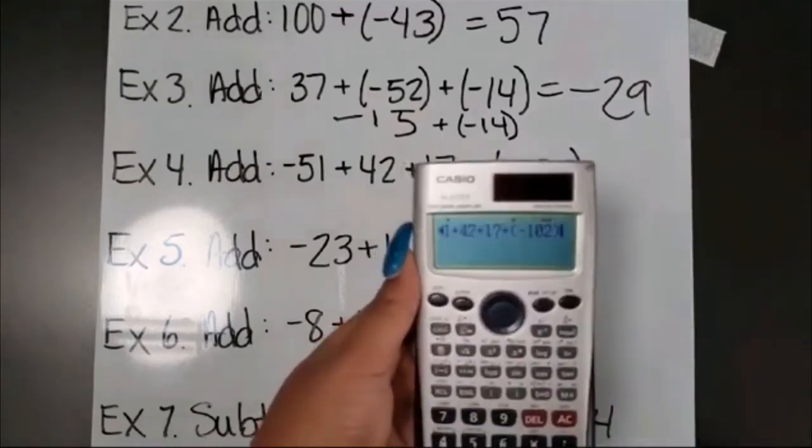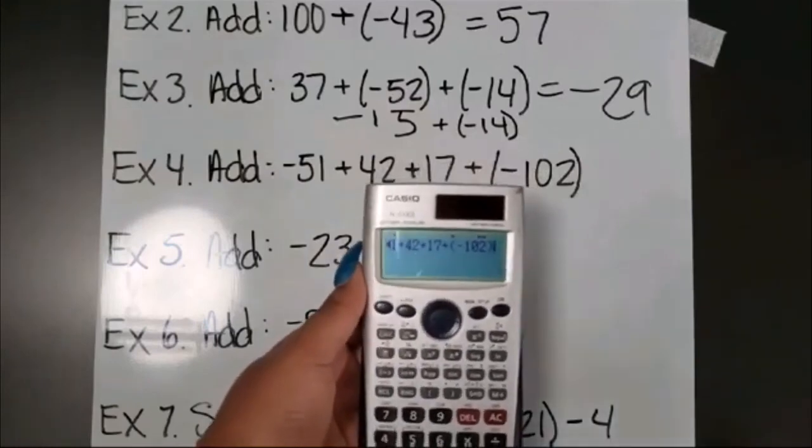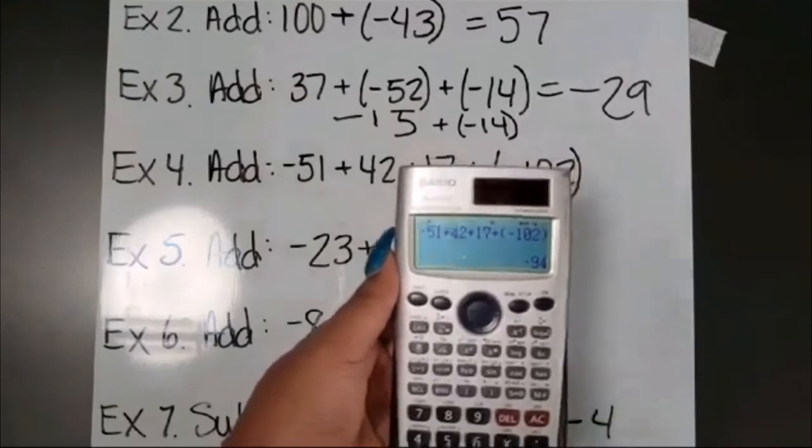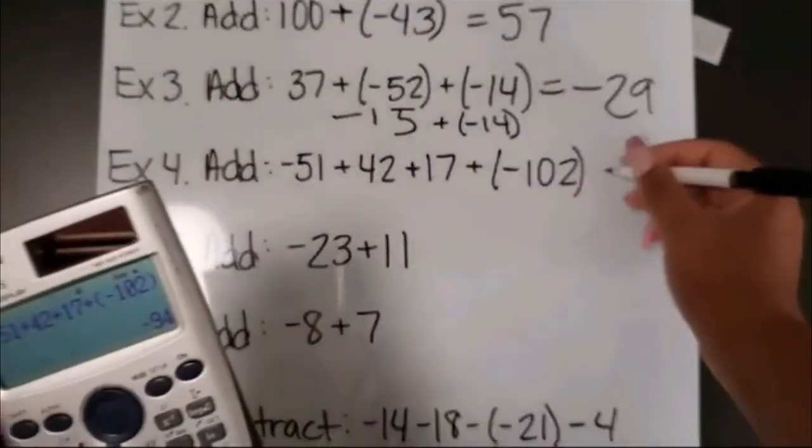All right. So let's see who all got this one. The answer to number 4 is negative 94.